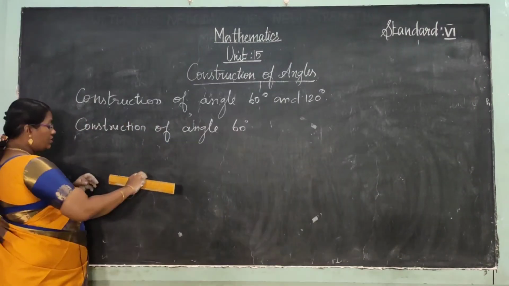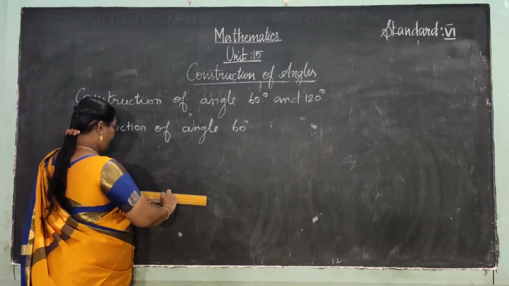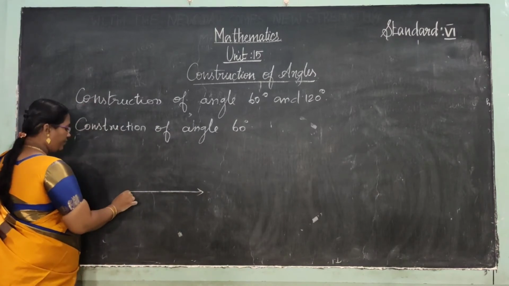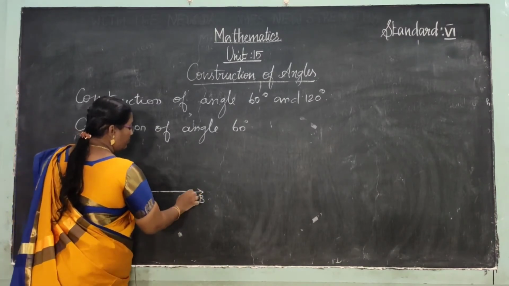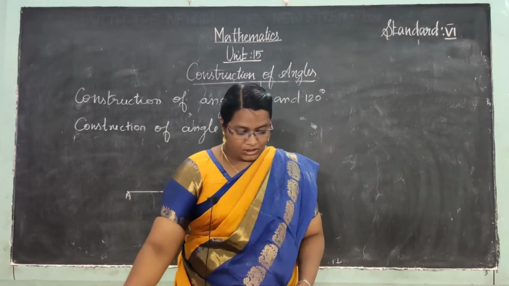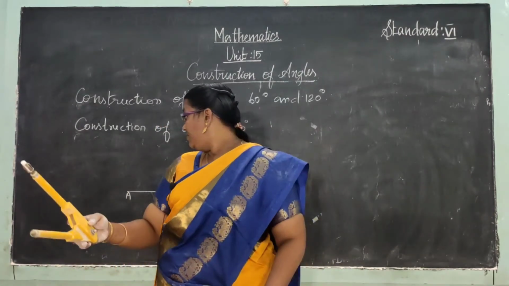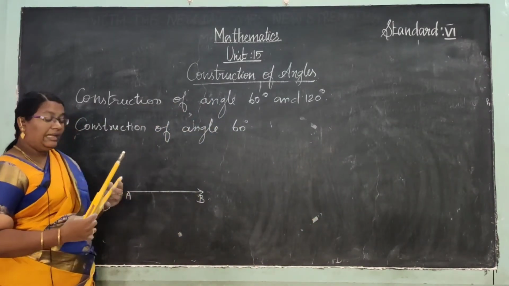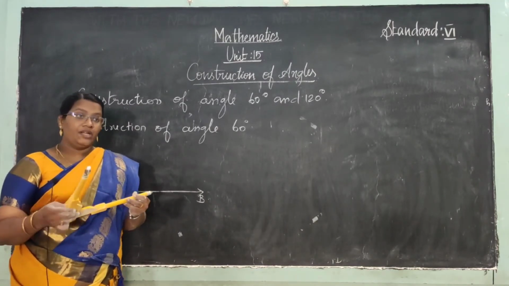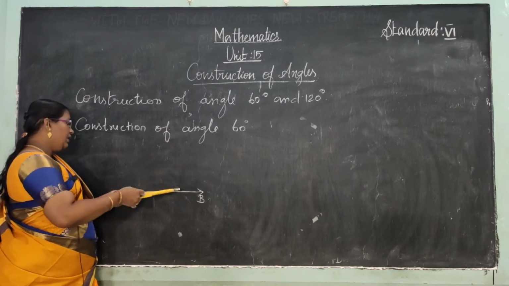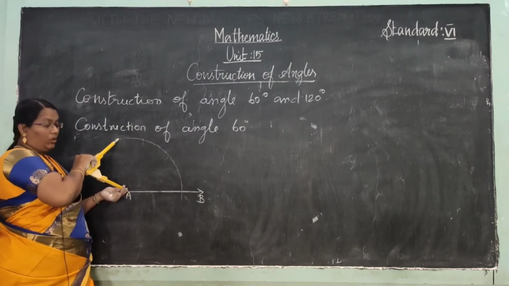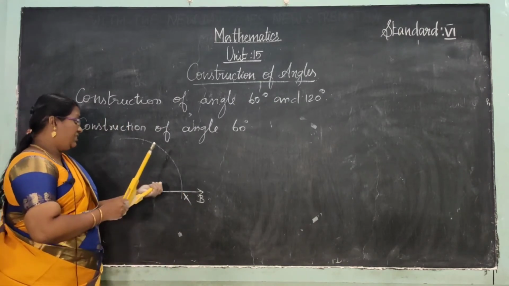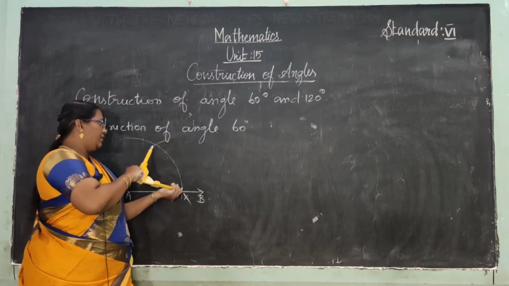How to construct? First, draw the ray AB. Taking center as A, draw an arc with any convenient radius. It is denoted by X. With center X, the same radius, draw another arc.